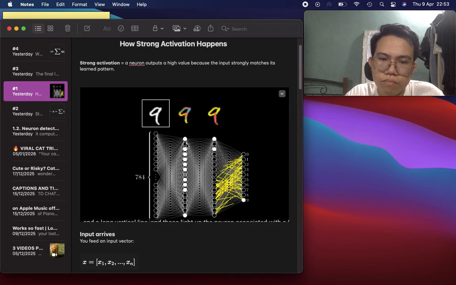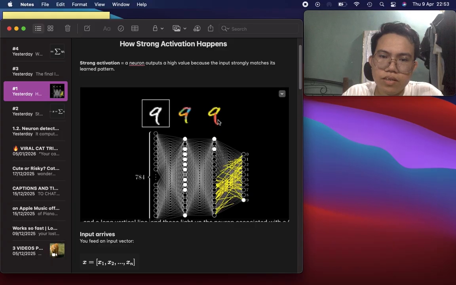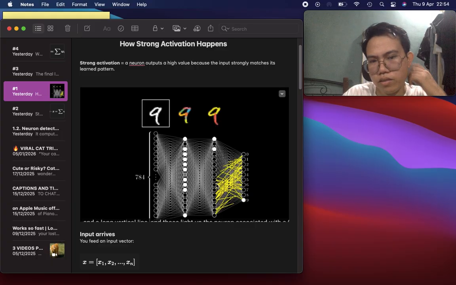So we calculate the weighted sum of the input features and the learned patterns. It detected this one, and the rest don't fire up because they don't detect their learned pattern.